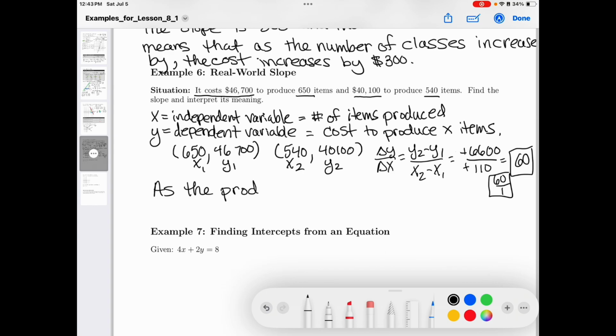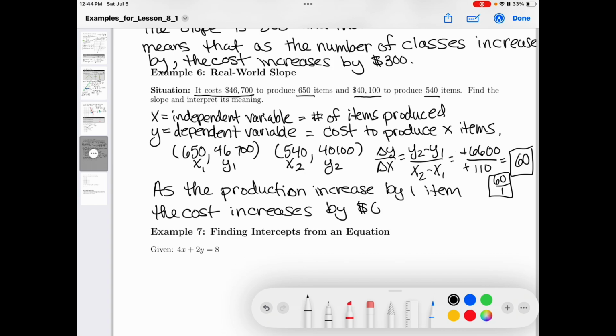So as the production increases by 1 item, the cost, that's the change in Y, increases by $60.